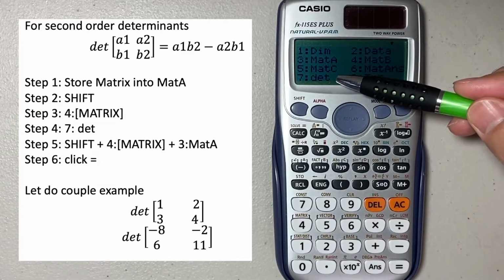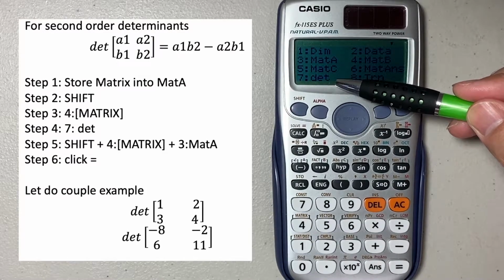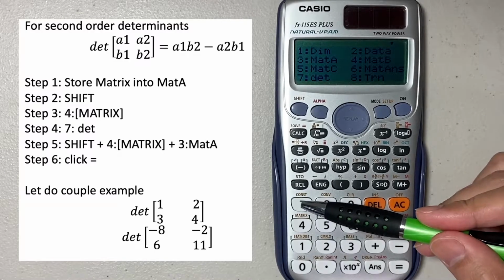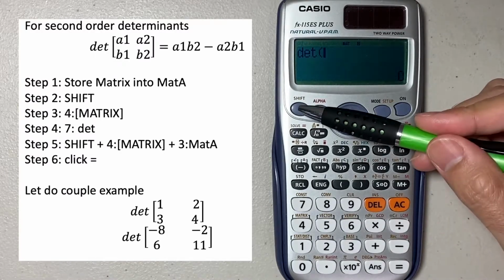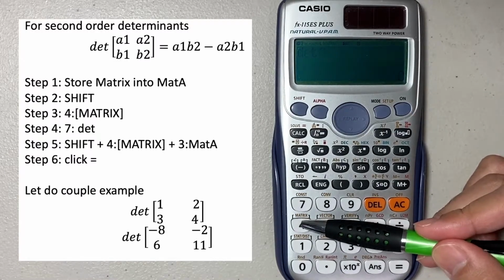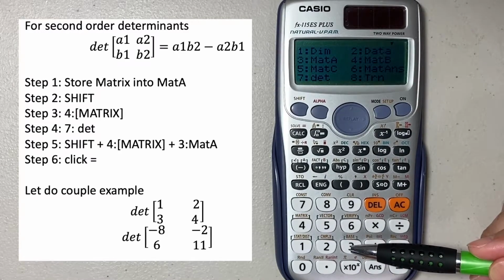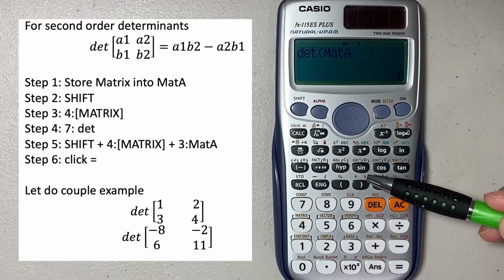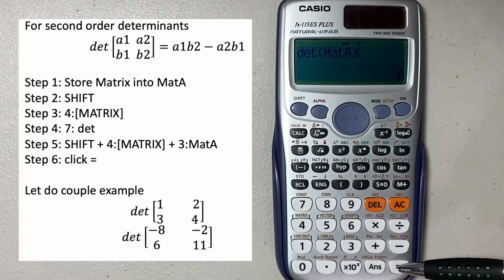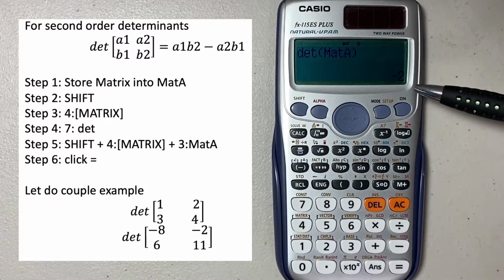And here you have number 7, which is DET, standing for determinant. So click the 7. And then go back again to shift, matrix, and select the matrix A that you just entered a while ago. And then click equal. And this is the 2 by 2 matrix with the determinant of minus 2.